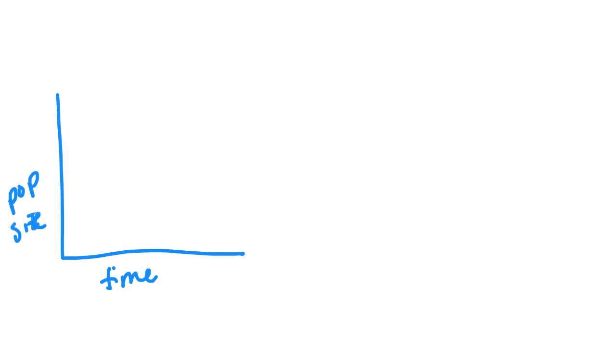But eventually, most populations even out at a certain size. They just don't keep growing and growing and taking over the world. This kind of maximum size that most populations reach is their carrying capacity. That's what this is called.